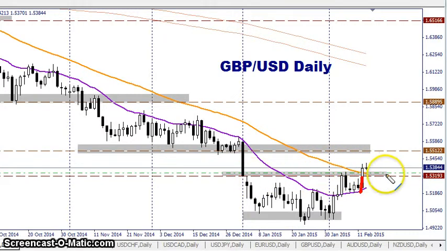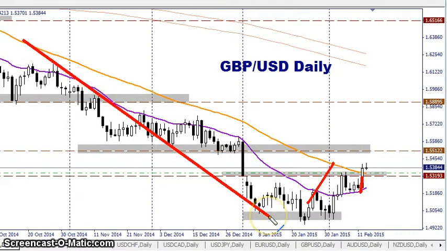It broke through the resistance here, the gray rectangle, and price moved from a lower price zone into a higher price zone. So with all these factors, again, we can only determine that price is in a short-term uptrend movement, even though the long-term trend is down.